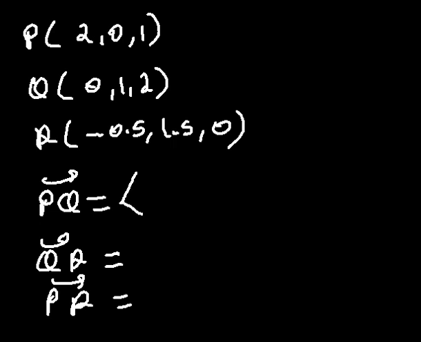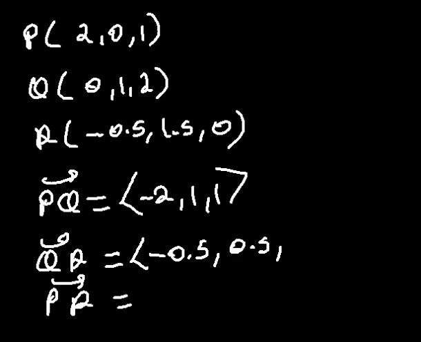So what is vector PQ? That corresponds to -2, +1, and also +1 as well. And how about the vector QR? It should be given as -0.5, and what is 1.5 minus 1? We have 0.5, and also -2 here.